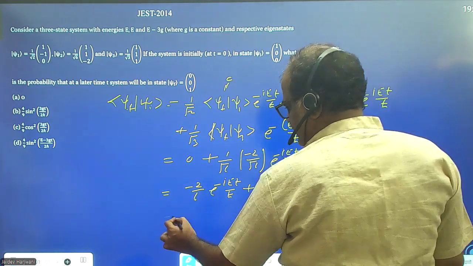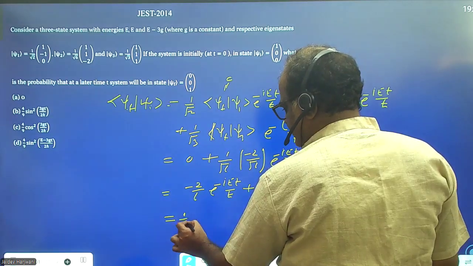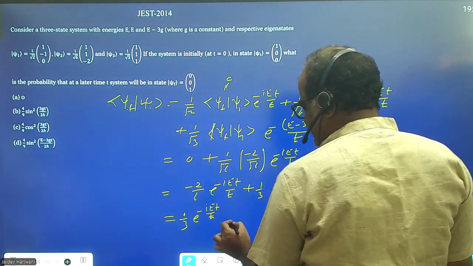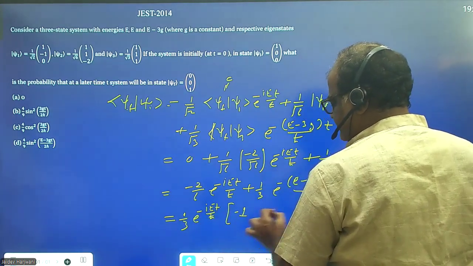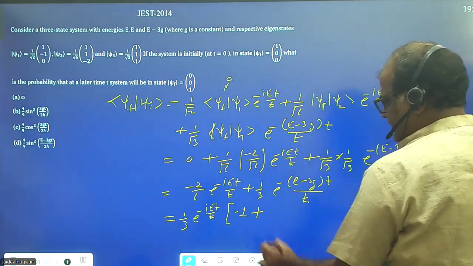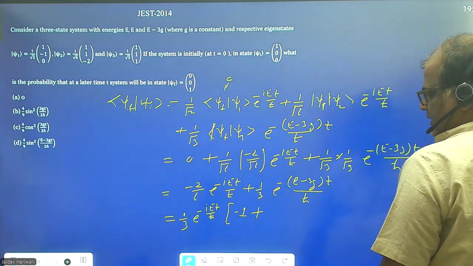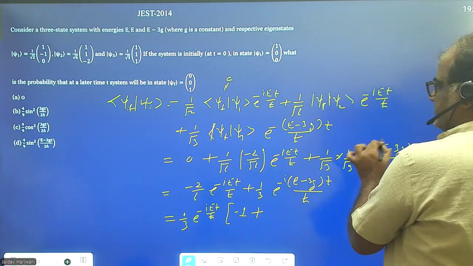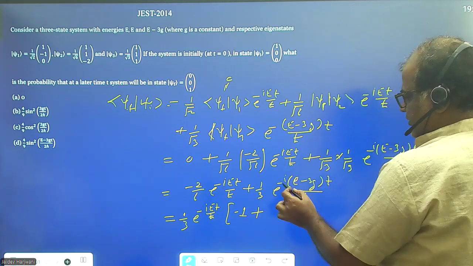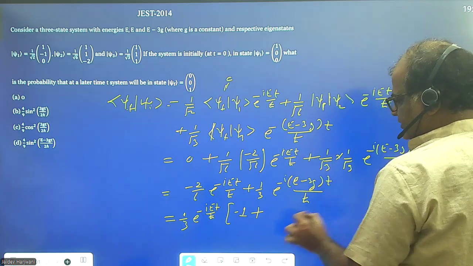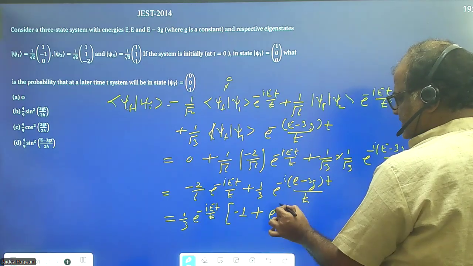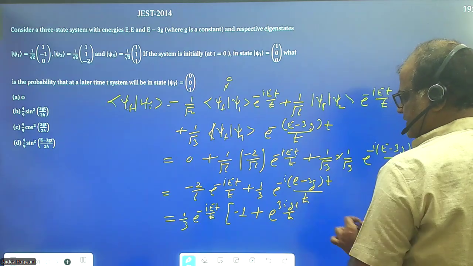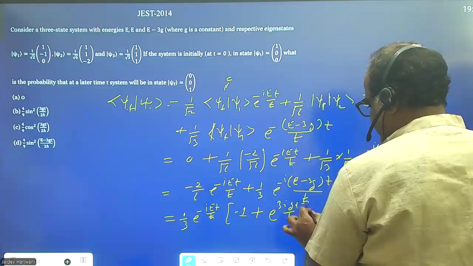This is 1 by 3, so I can take 1 by 3 common, e power minus iota E t upon h cut common. So this gives me minus 1 plus, I have already taken common, this is iota. Iota is everywhere. So iota E t h plus, I have already taken common. Now this becomes plus, minus minus plus. So 3 iota g t upon h cut will be remaining here.